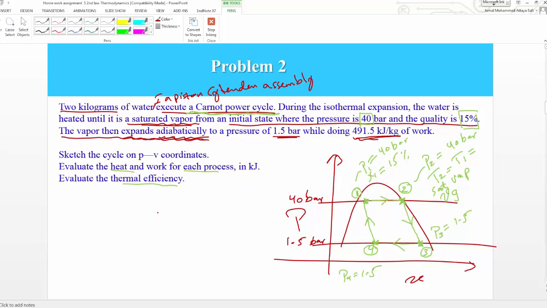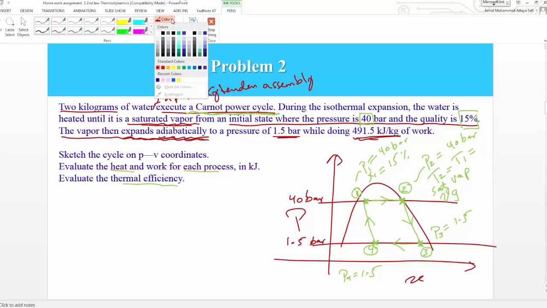So let's see how we can do this. Remember that this is a closed system, and you have drawn the diagram now, so that's going to help you in defining the processes. But I know that I need to go through all the processes of the Carnot cycle.